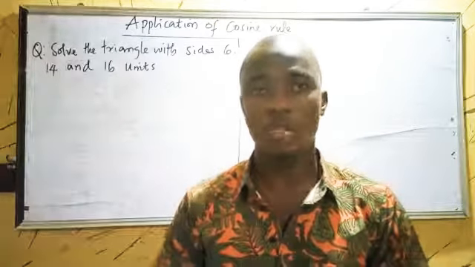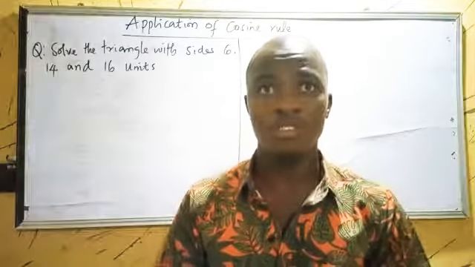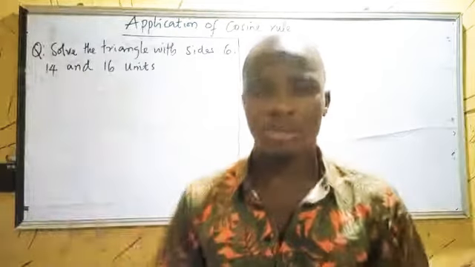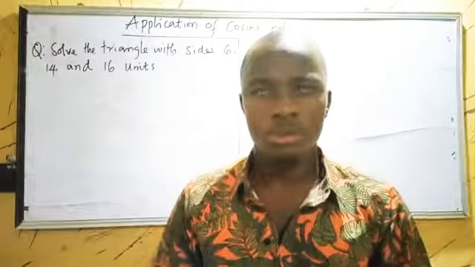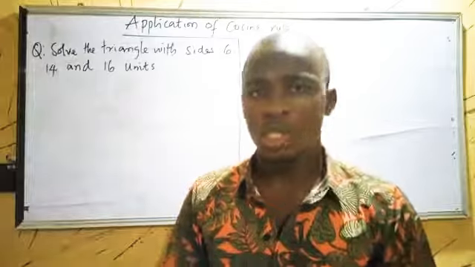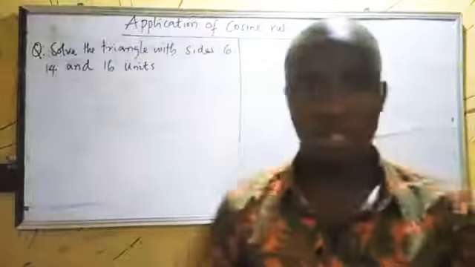Either you solve the angles, and when you are asked to solve a triangle, therefore you have to solve all the sides and the angles. So now, when are we to use cosine rule? That's what we want to do now.